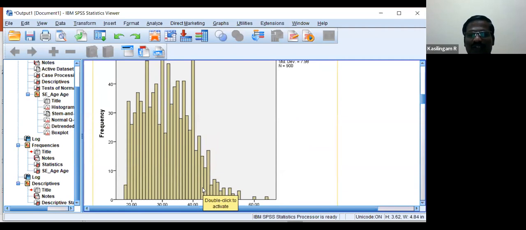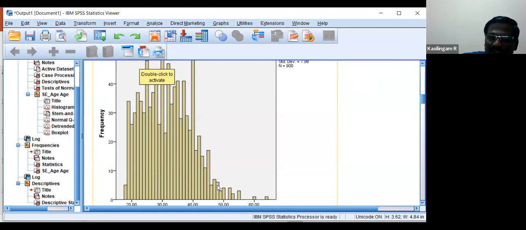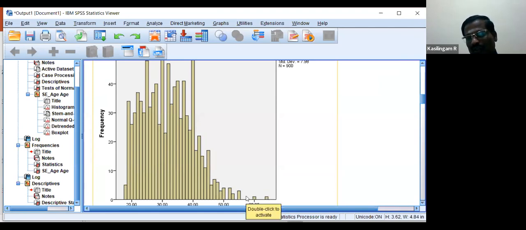If you look at the histogram, on the left hand side there are higher frequencies. On the right hand side the frequency is less, but the higher values are there, some 60, 64. So this is a positive skewness.